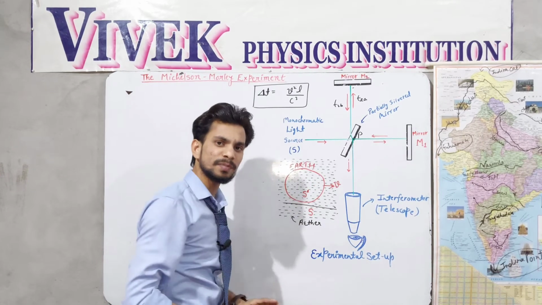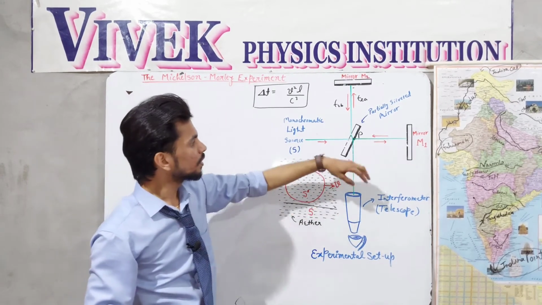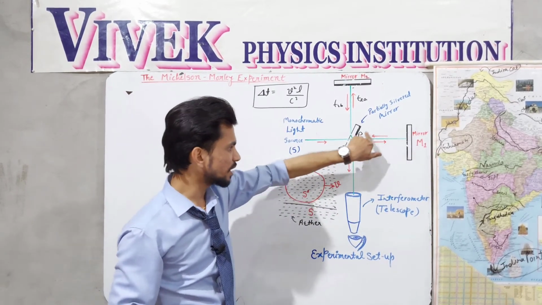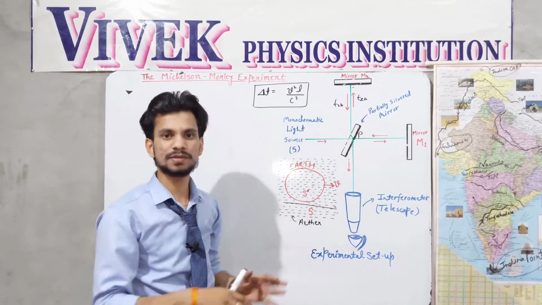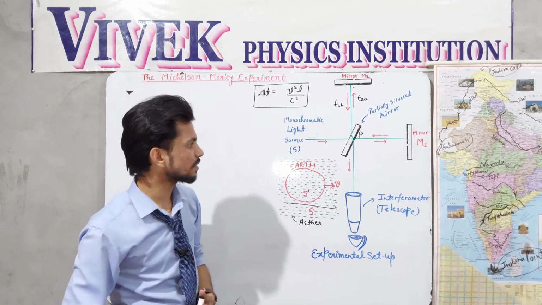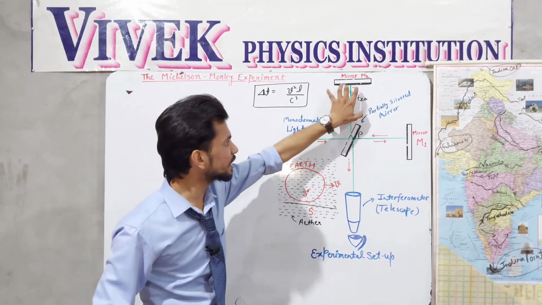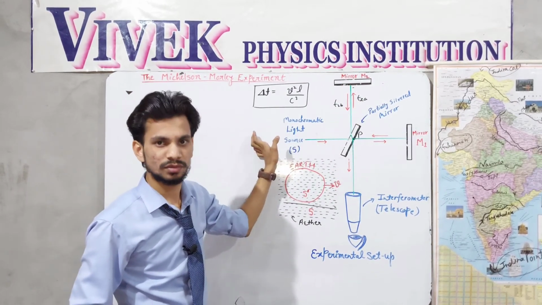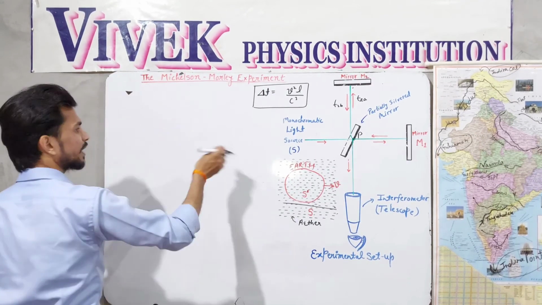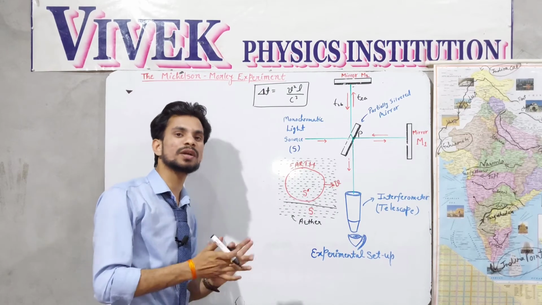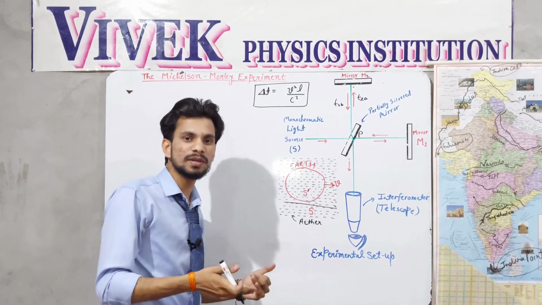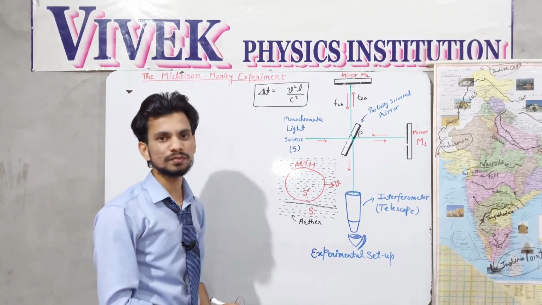Okay, in that particular condition, this was T1 and this is T2, and they will be reversed, replaced with each other. Now T1 will become T2 and T2 will become T1, right? So in that particular condition, when we find the time difference between these two particular rays, that will be double.